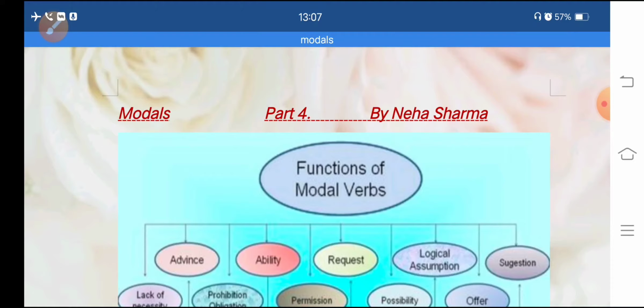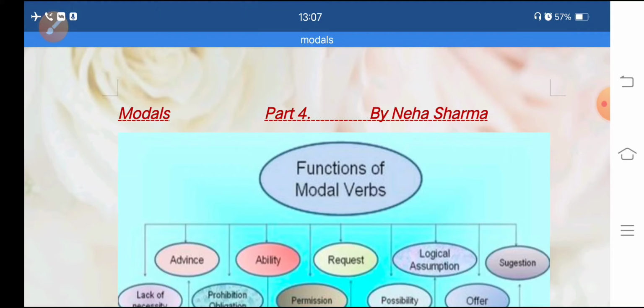Modals are types of helping verbs. They can be used only in the helping form. They cannot be used as the main verb in the sentence, and they do not have any ing form or ed form.